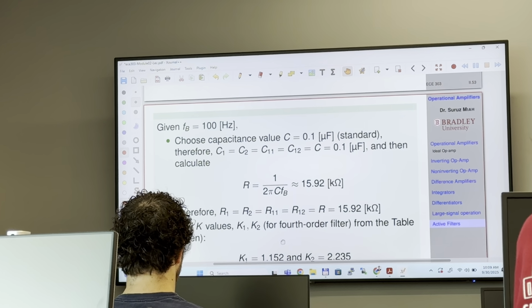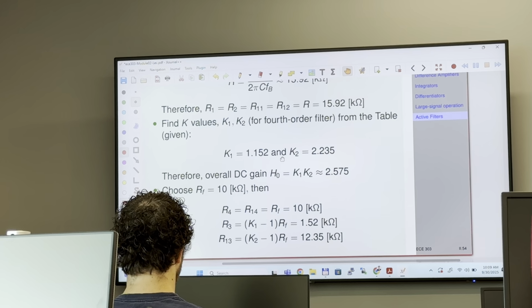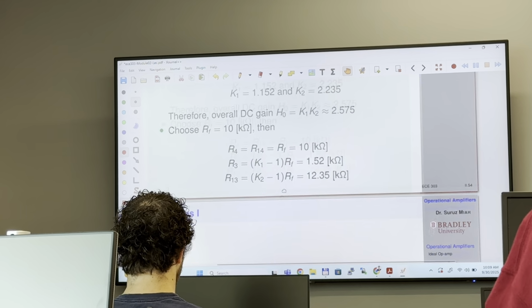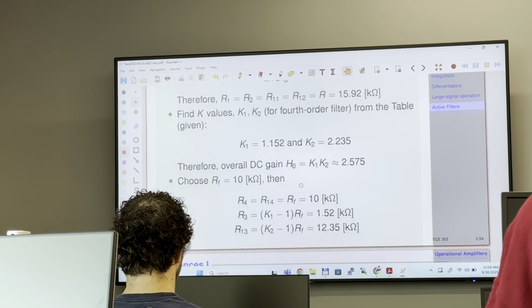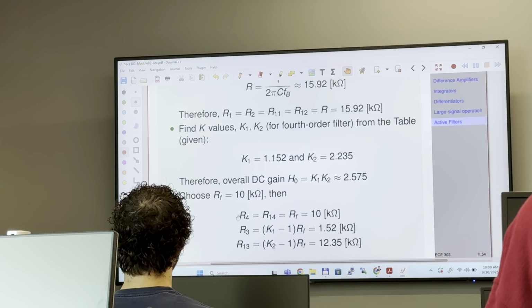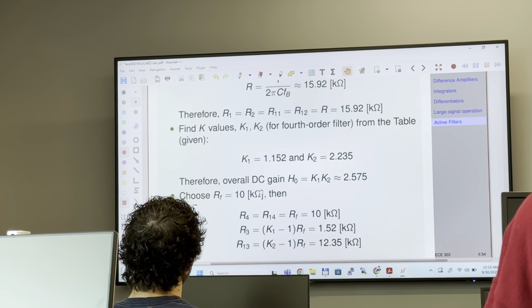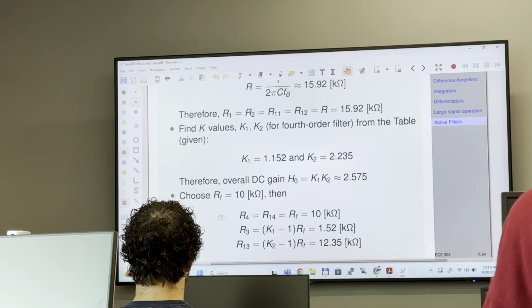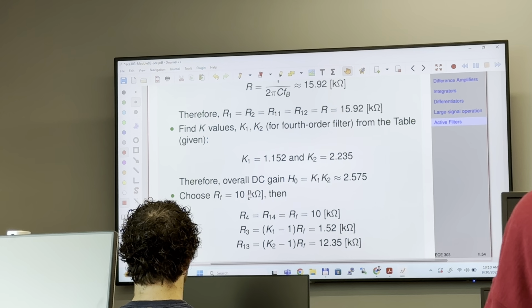And then we have this R, and K1, K2, we have this. Finally, your DC gain H naught is going to be K1 times K2. Choose R1 10K, which is standard, and RF 10K, and based on this RF, you know what R4 is.